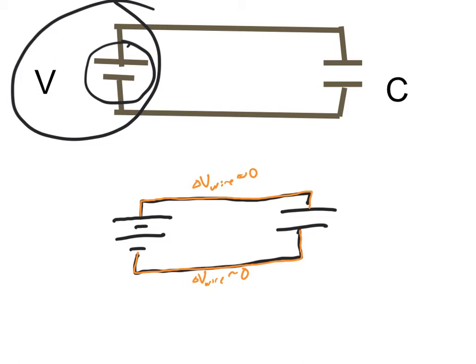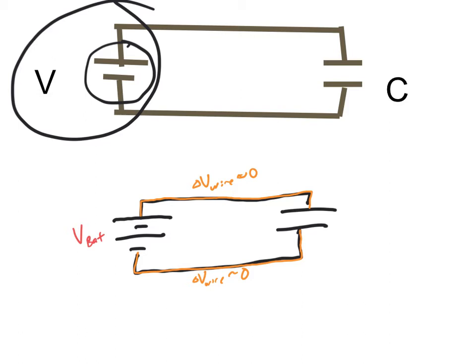There's also some voltage across the battery. Voltage across the battery is, if you have a standard double or triple A, going to be a 1.5 volt battery. Okay, maybe you've seen some 9 volt batteries, 6 volt batteries, 12 or 24 volt batteries, like the ones in a car.